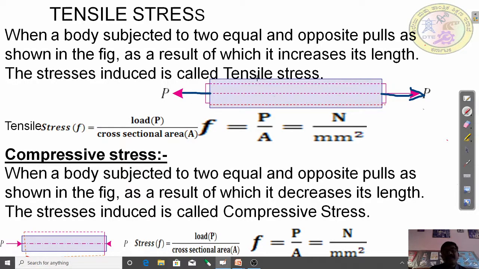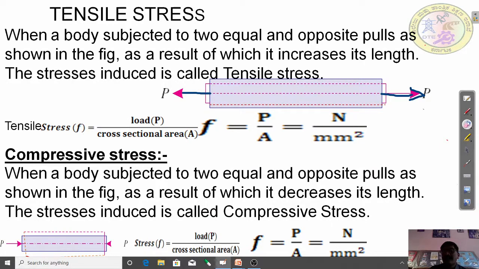If it is a rectangular cross-sectional area, if this is breadth B and this is thickness T, we take B into T as the cross-section area.